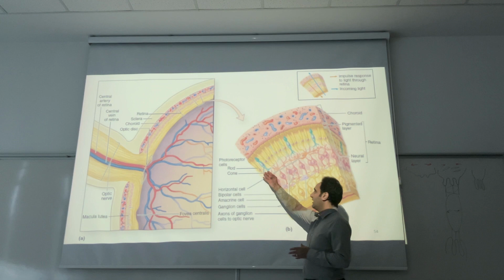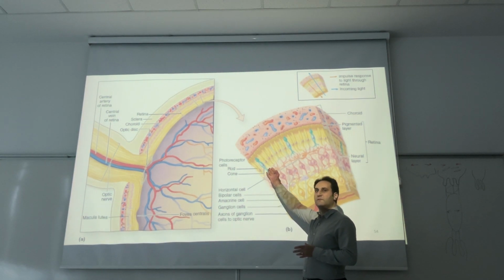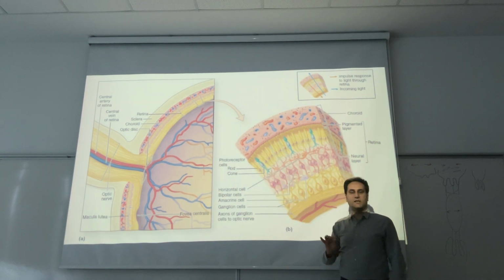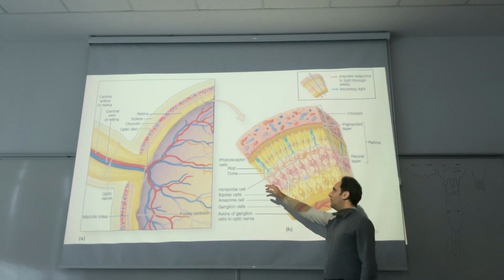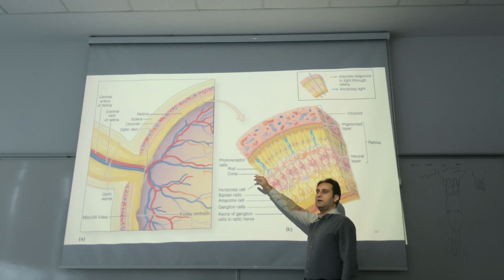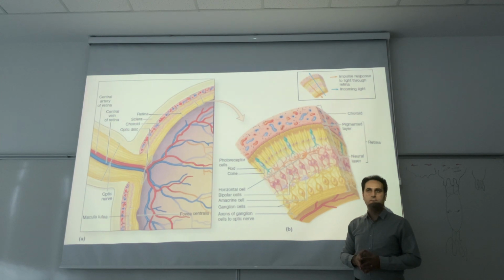In the inner side, the axons of these cells are connected with bipolar cells. The dendrites of bipolar cells are connected with the axons of the rod and cone cells.